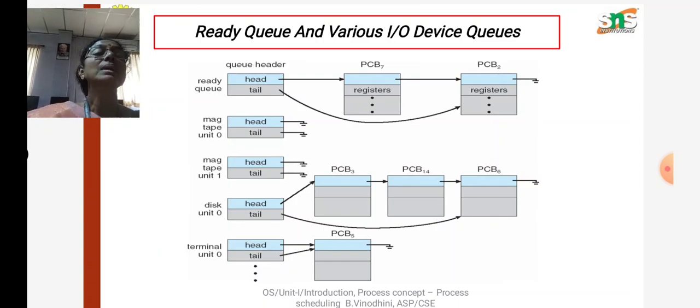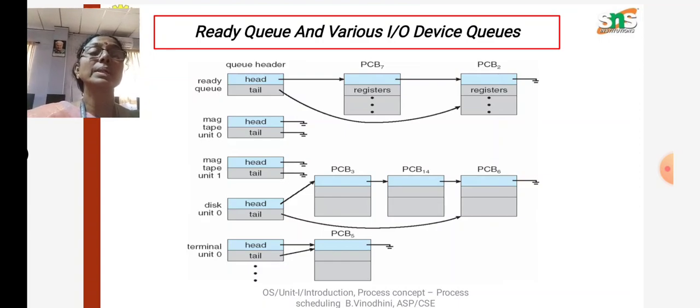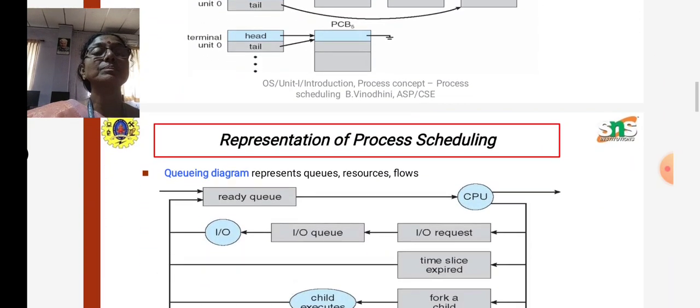P2 comes first in the queue, then P7. Each queue has a head and a tail, as the queue is represented and maintained as a linked list data structure. This is the structure of the different types of queues in an operating system.